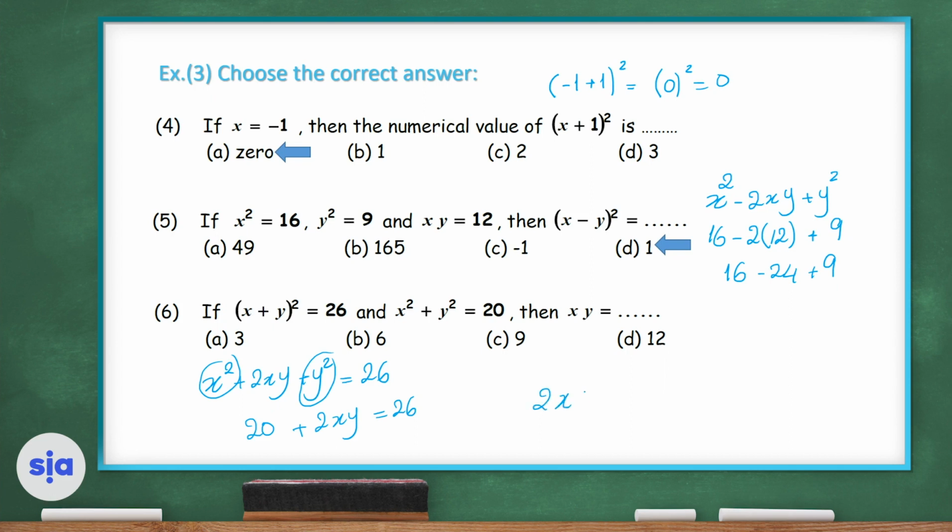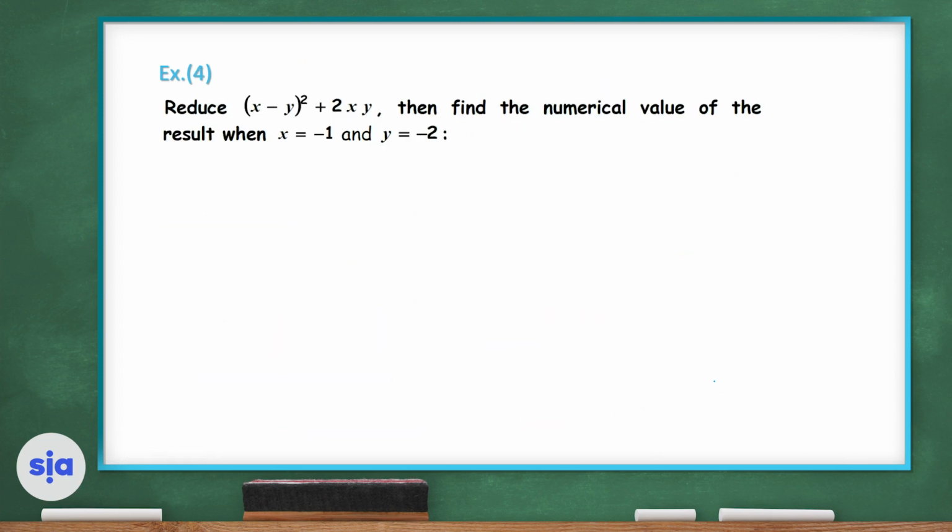So 2xy equals 26 minus 20, which is 6, divided by 2, then xy equals 3. So the right answer in question 6 is choice A.